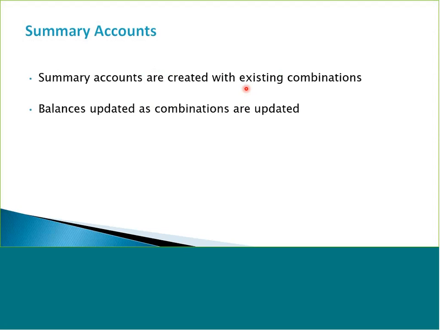Summary accounts are created with existing combinations, and we have seen how that plays out in the system, where we posted a journal with two combinations that we had not used before, but we saw how the system updated those balances and also updated the balance of the summary account after we had used those combinations.